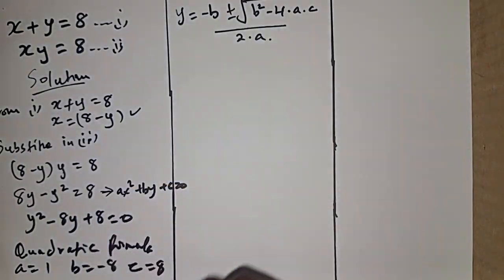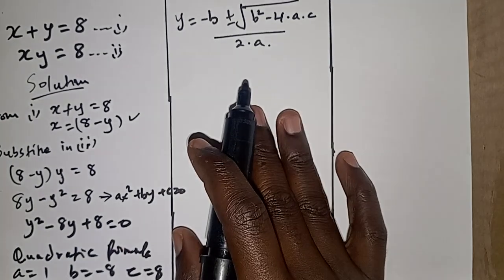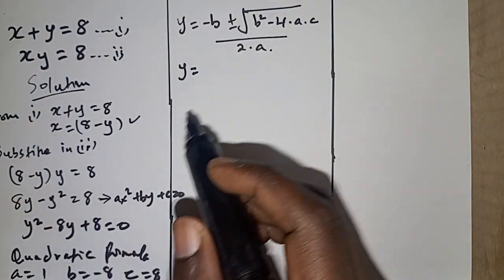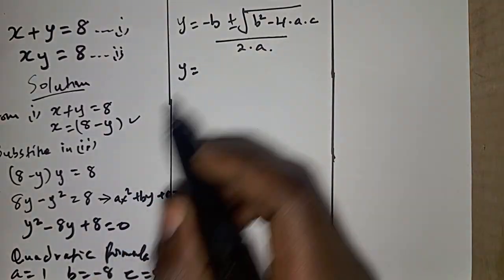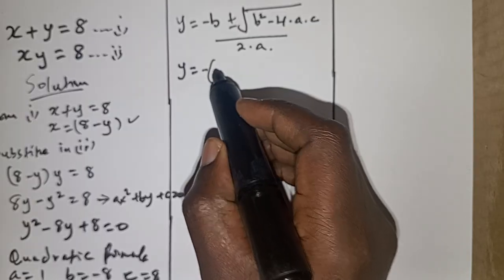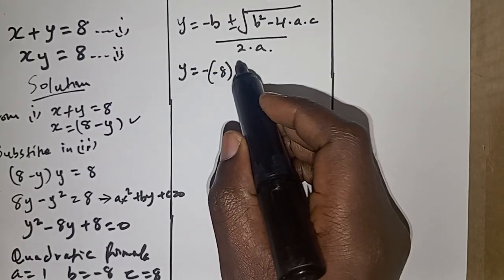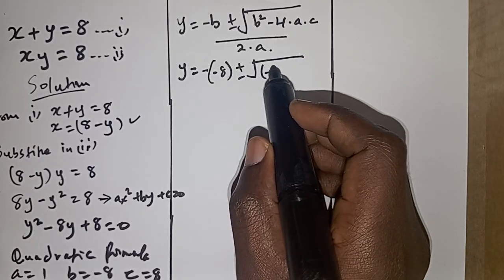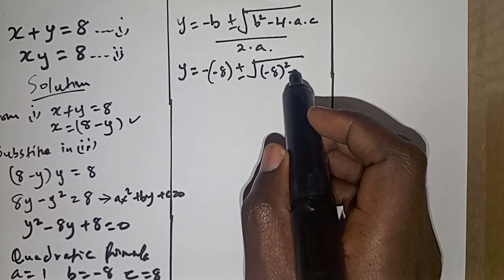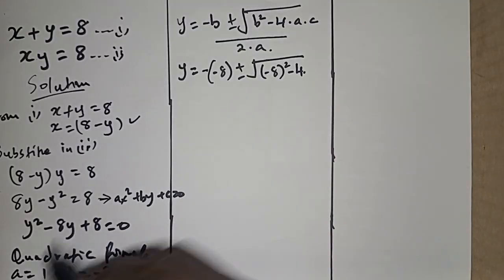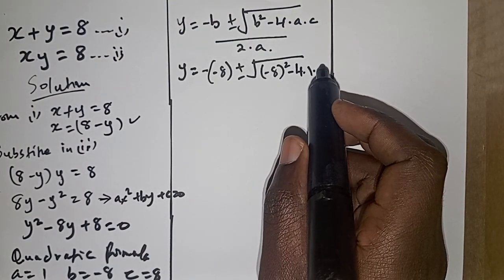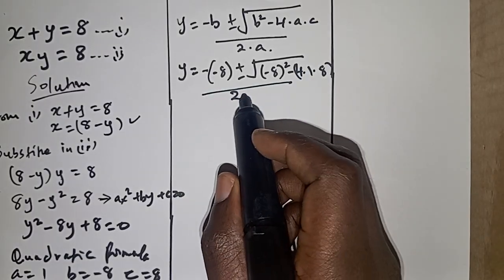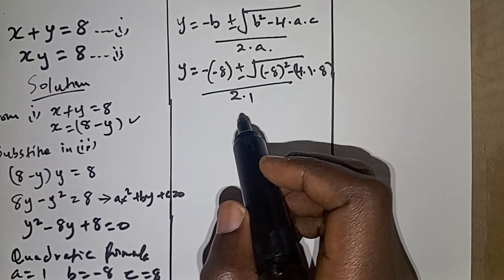Since I have the numbers here, I'll quickly substitute so that y is now equal to negative b, but my b is negative 8, plus or minus the square root of negative 8 squared minus 4 multiplied by a is 1, by c is 8, everything divided by 2 multiplied by a, but my a is 1.